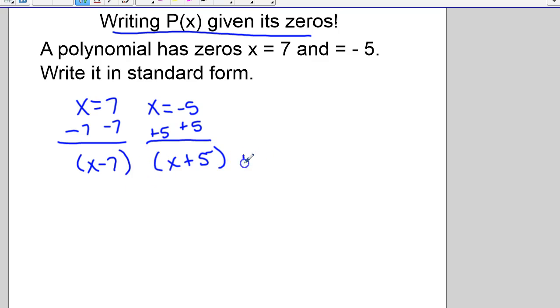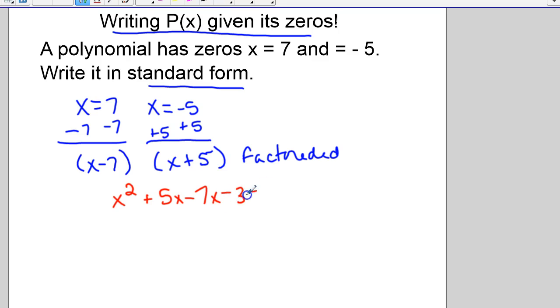And this is my factored form, but did I write it in standard form? Standard form is biggest exponent to smallest exponent. So what I need to do now is multiply. I'm going to take x times x, which gives me an x squared. I'm going to take x times 5, which gives me a 5x. My next is going to give me a negative 7x and a minus 35.